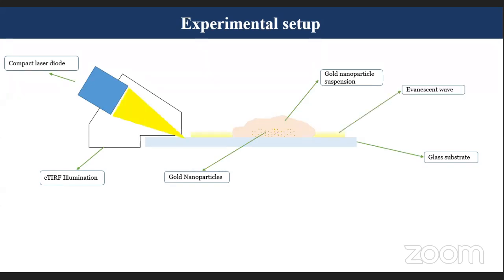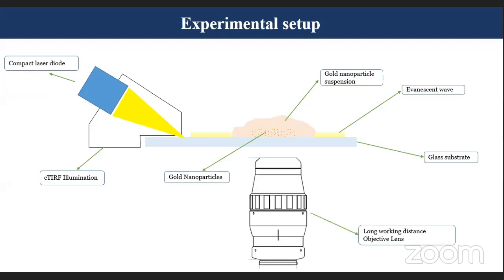The light generated evanescent waves, and we observed from the bottom using a long working distance objective, and we focused very close to the interface of the gold nanoparticle suspension and the glass substrate.